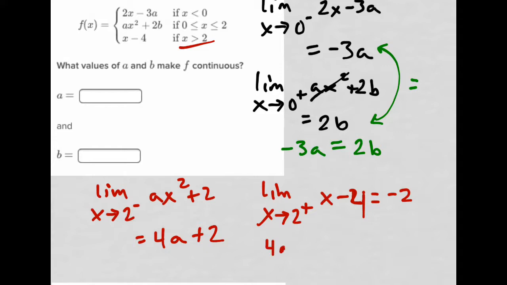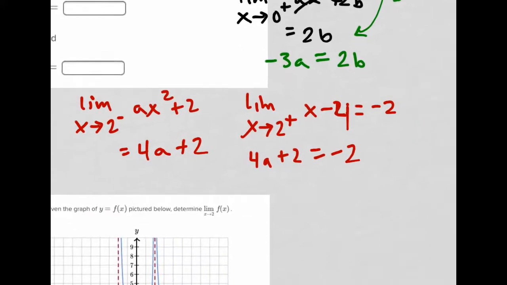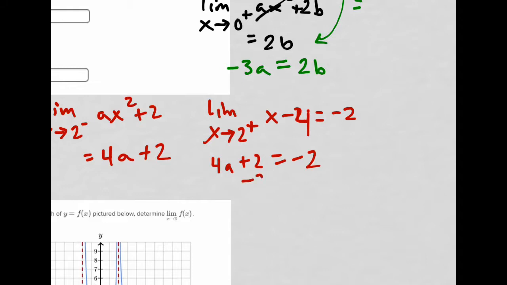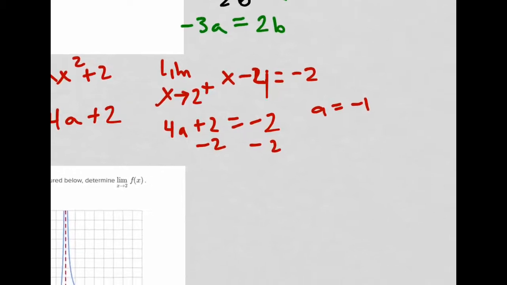So, 4a plus 2, this, must equal negative 2, because I want the left and right limits to agree. Whew, it's taking a long time. Subtract 2, a equals negative 1, right? Because you get what, negative 4? Oh, this is taking up the whole video.